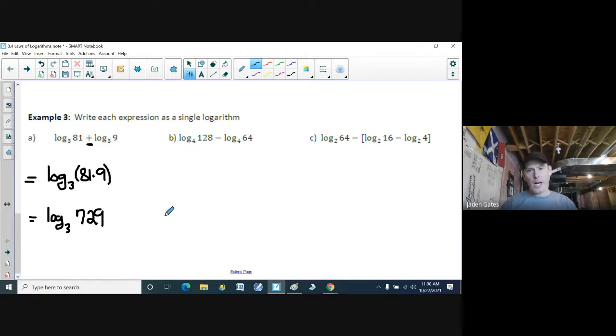B. This time we got minus, and so that is going to refer to division. So I could rewrite this log again as a single log, where I have log of base 4. But again, the first term is our numerator, so I got 128, all over 64.